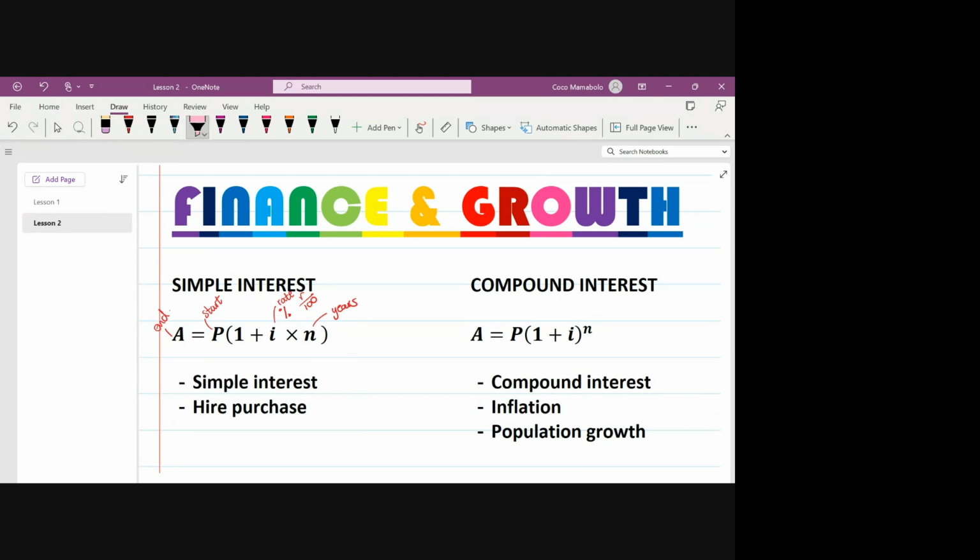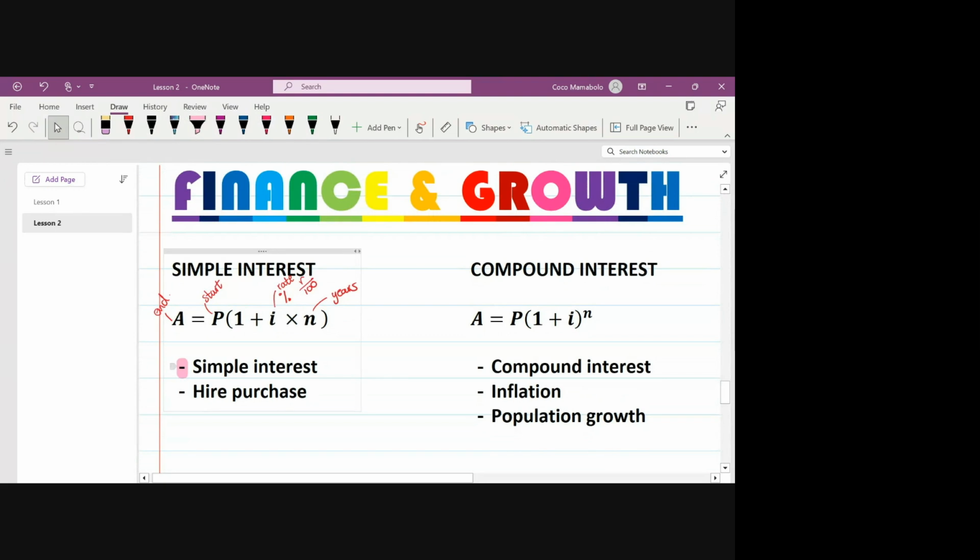If a question says simple interest, we use the simple interest formula, obviously. Also, if we're looking at a hire purchase agreement question, we will also use simple interest. So if you hear that somebody buys something on a hire purchase agreement, then you know that we're looking at that. And we know that for hire purchase, sometimes they will ask us for a deposit.